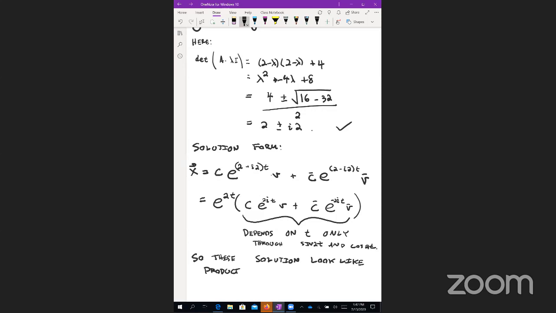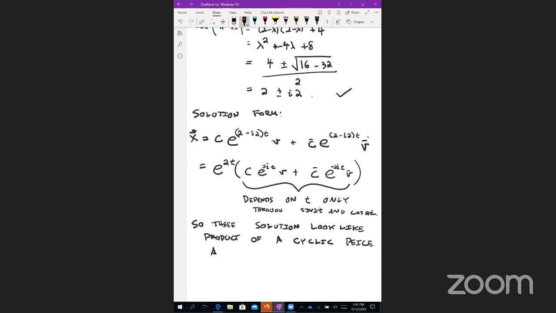Product of a cyclic piece, I should say, and a dilation factor, e to the 2t.